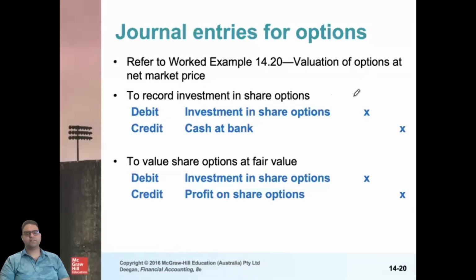The entry system for the option is to record the instrument in the share option: we debit the share option and credit the cash at bank. Then for valuation at fair value, the investment will be debited and the profit on the share option will be credited.